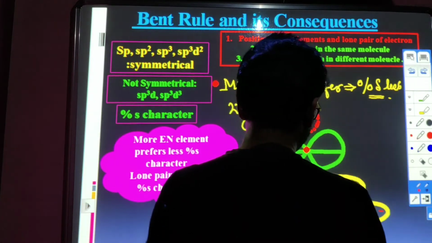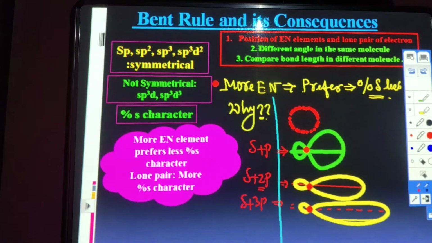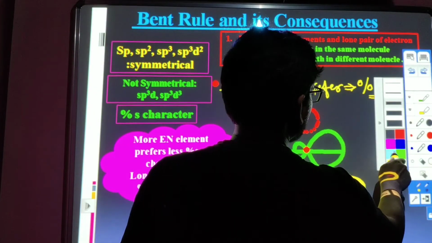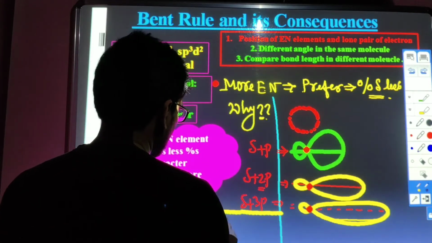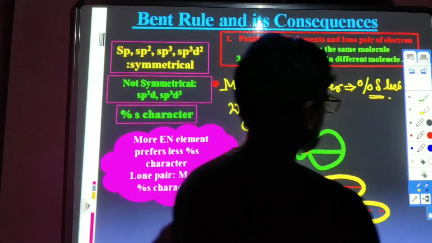No problem. So this is s, this is sp, sp2 and sp3. After that, if you draw the shape of the p orbital, it is like this. This is the p orbital.